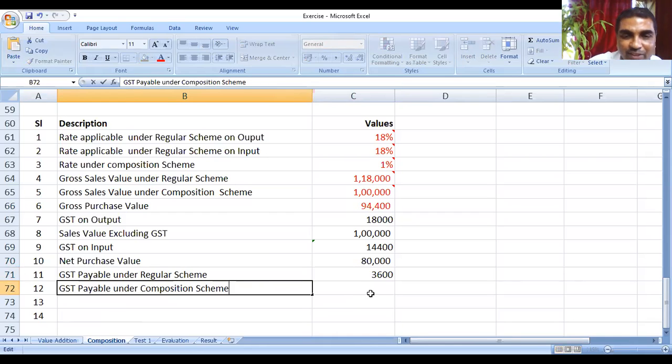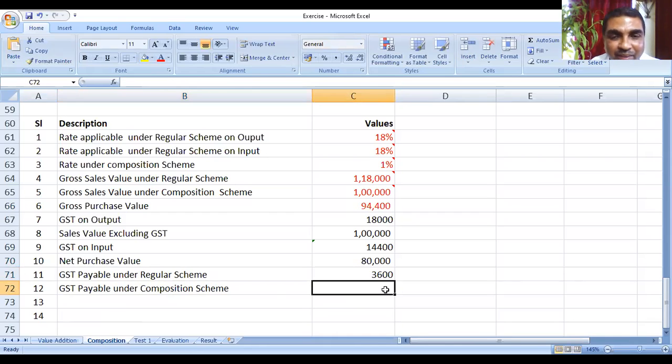How much is paid? 18,000, sir. No. It is 1,18,000 into 1% or 5% or 6%. Composition scheme, what is the rate?